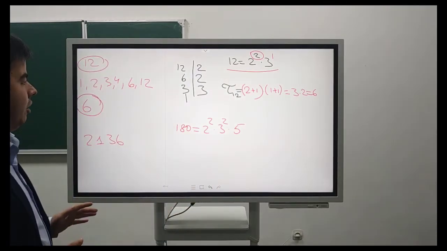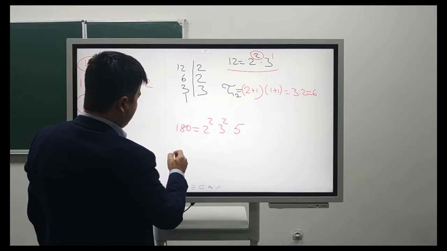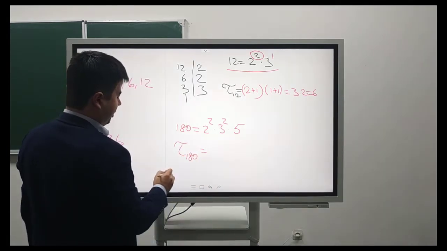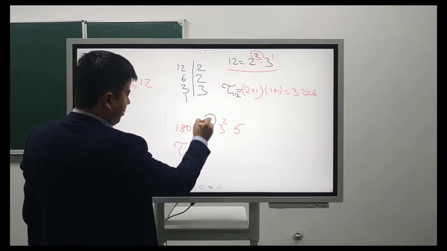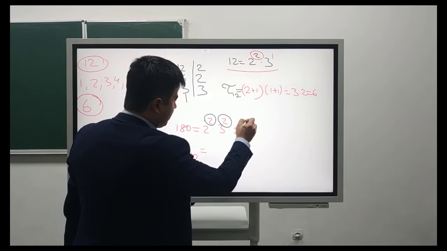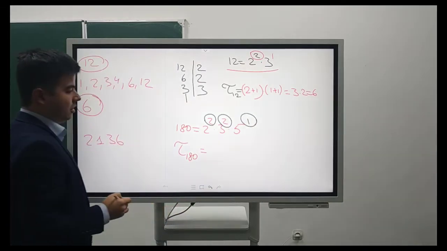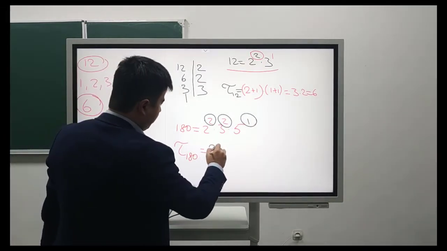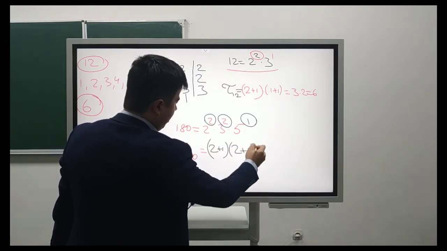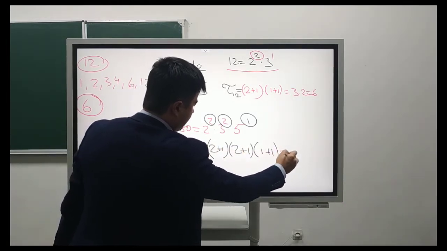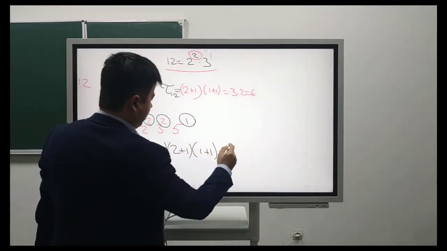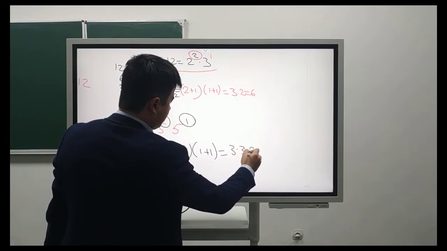So now, how do we find tau? Tau for 180, look here now, pay attention to the powers: 2, 2, and here we have just 1. So, 2 plus 1, 2 plus 1, and 1 plus 1. So it is 3 times 3 times 2.